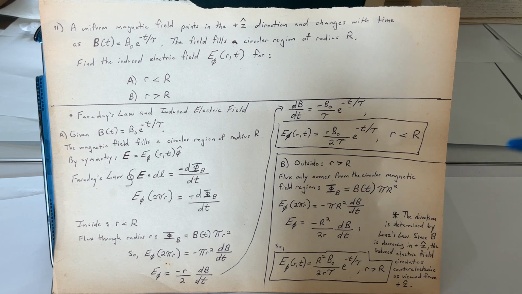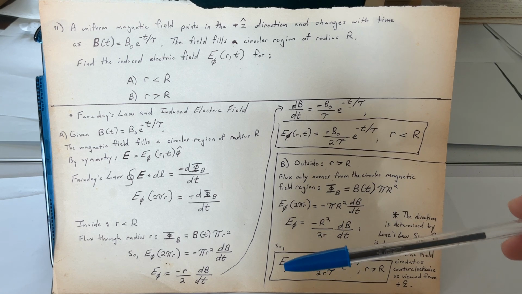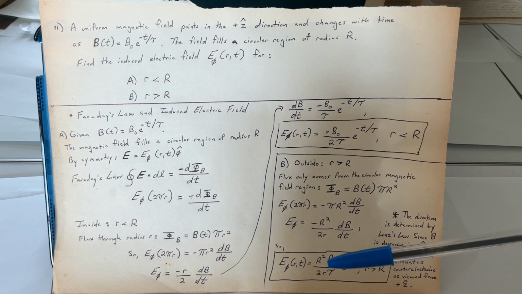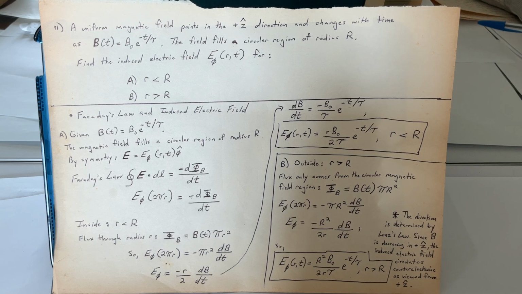So E sub phi times 2 pi r is going to be negative pi capital R squared dB/dt. And that becomes negative capital R squared over 2 lowercase r dB/dt. So E sub phi of r, t equals capital R squared B0 over 2r tau times e to the negative t over tau, where lowercase r is greater than capital R.